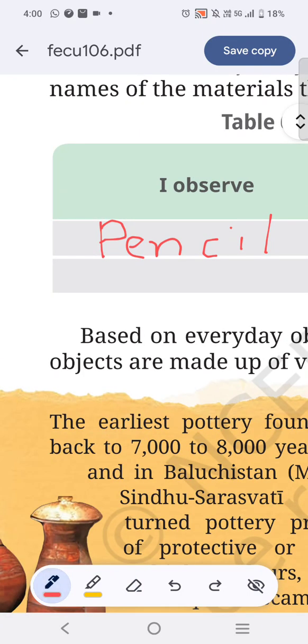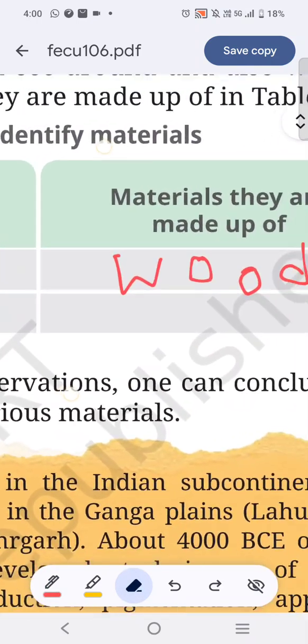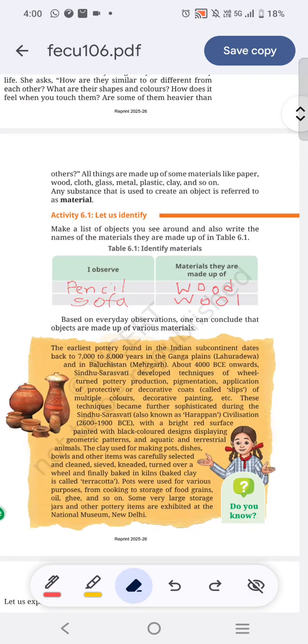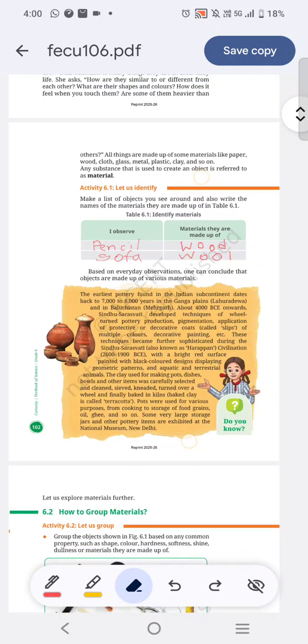The next object we can think of is a sofa. Here you're going to write that a sofa is made out of cloth. You can write wool, or there are different types of sofas. For now I'm going to write wool. Okay, so we are done with this exercise. Let's go on to the next one.